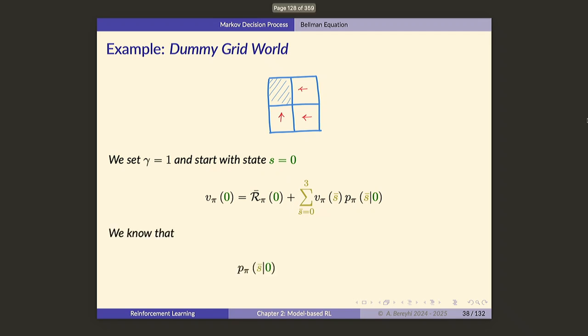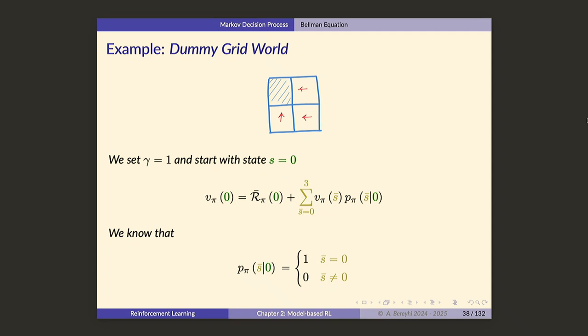So I can simply say that this is going to be 1 when the next state S bar is 0, and 0 anywhere else. So I was in state 0, and I'm going to remain in state 0 with probability 1, and for any other future state, I have the probability 0. Everybody's cool? You see it?